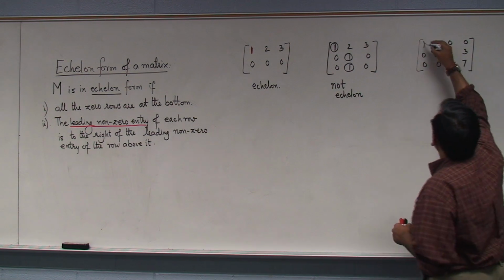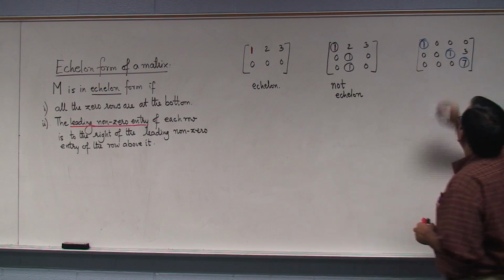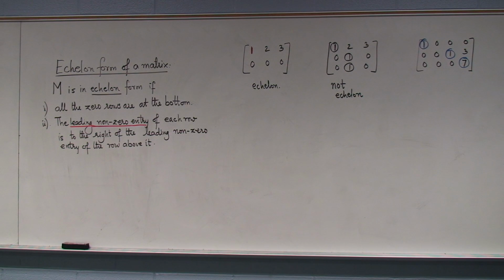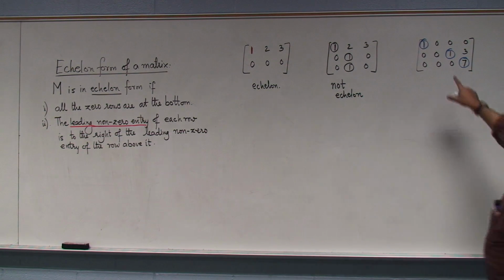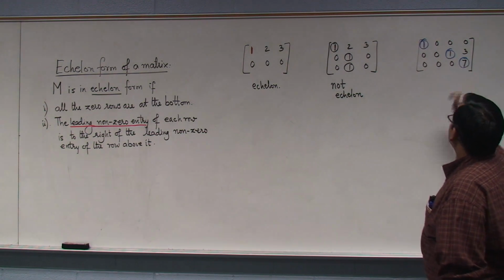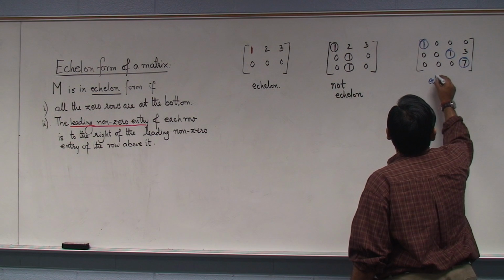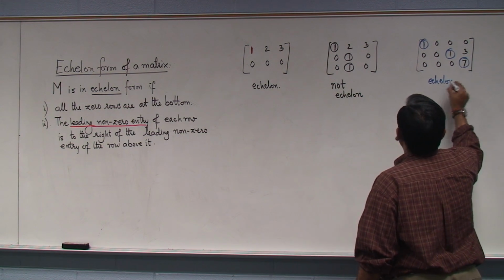There are no zero rows, so we only worry about the leading non-zero entries. And these are the leading non-zero entries of their respective rows. And each leading non-zero entry is occurring to the right of the leading non-zero entry above it. So it's staggered in such a manner, like a staircase pattern. So this thing is indeed in the echelon form.